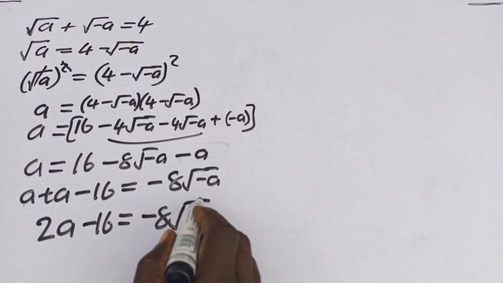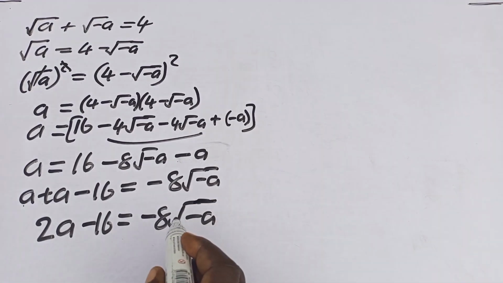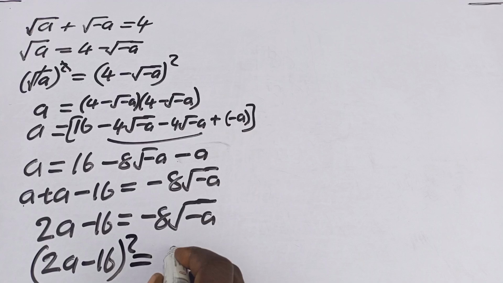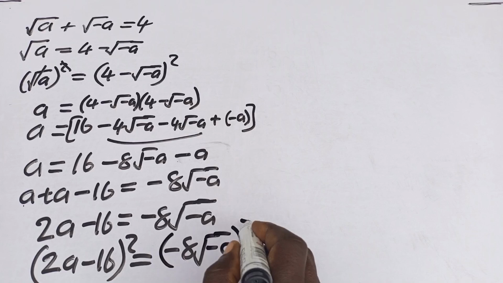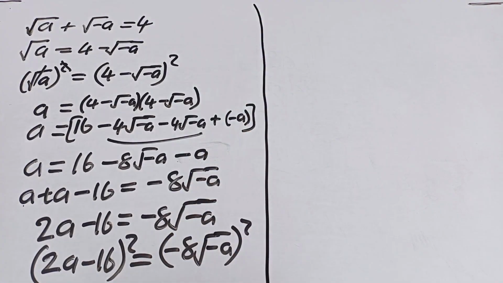Now we proceed to remove this other square root here. The process remains the same: we have to square both sides. So we'll have 2a minus 16, we square all of it as one expression, and we'll also square negative 8 root negative a, all of that. We do the same operation here.